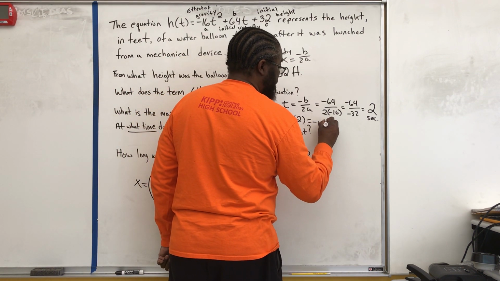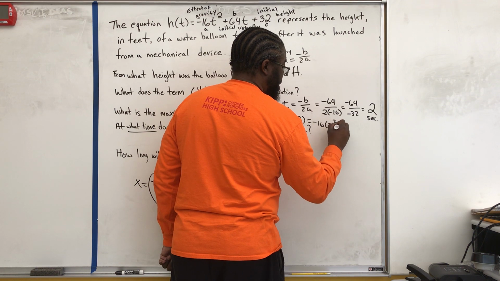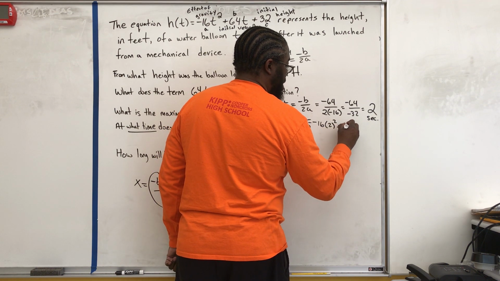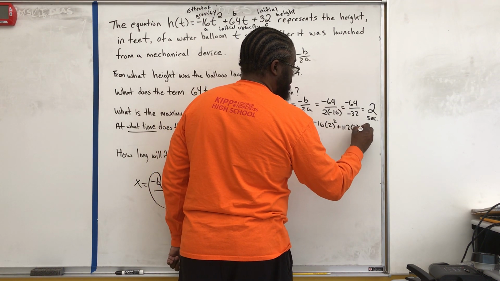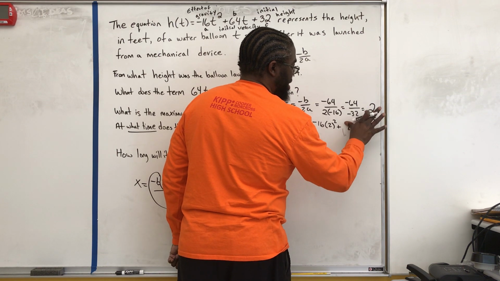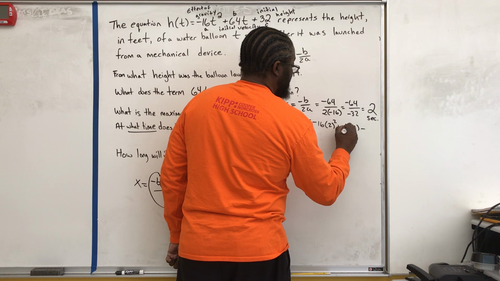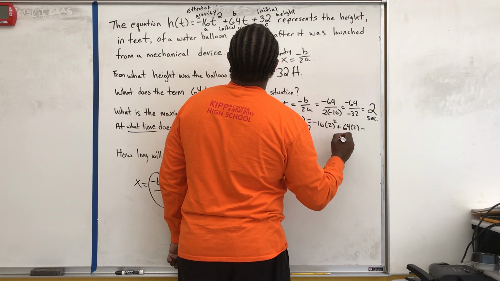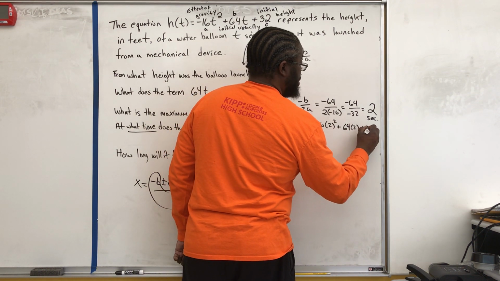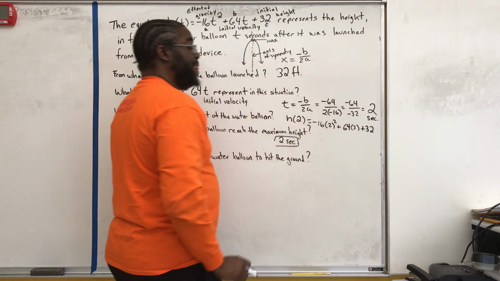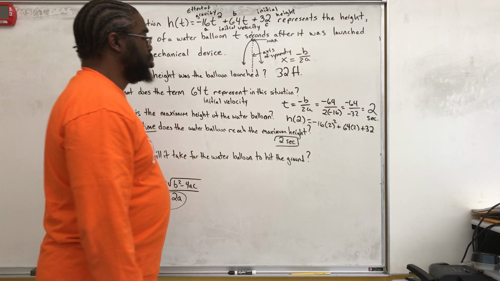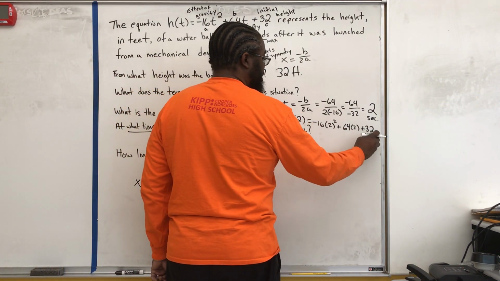Negative 16 times 2 squared plus 64 times 2 plus 32. Excuse me, it was 64, not 112. That was the equation, from a previous lesson. So I plug this into my calculator.